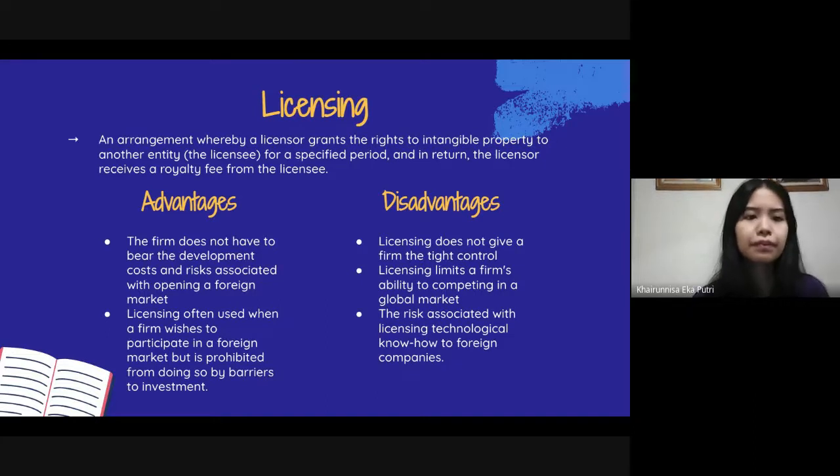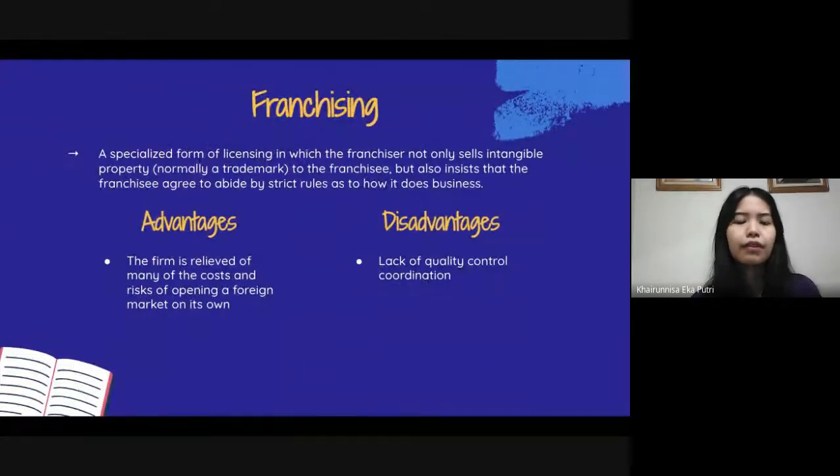Next. Franchising is similar to licensing, although franchising tends to involve longer term commitments than licensing.